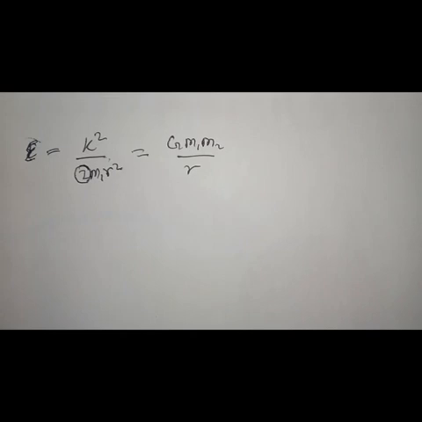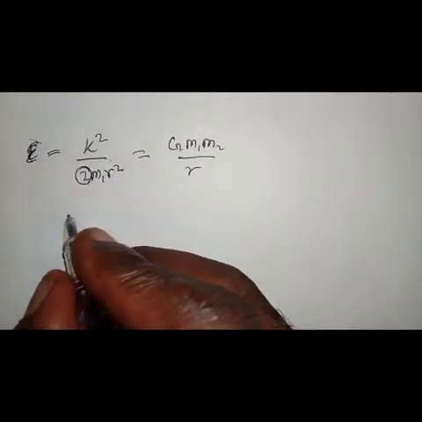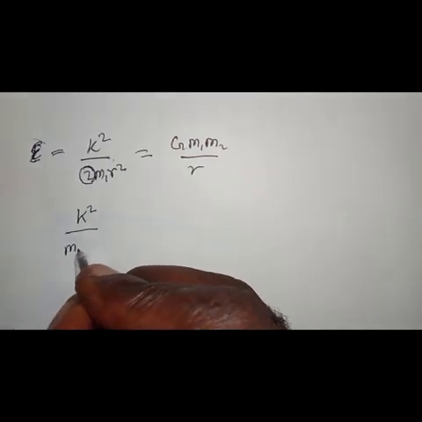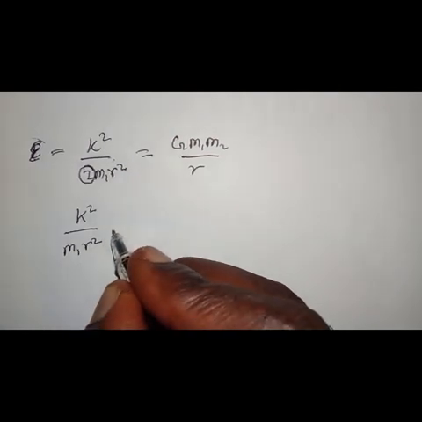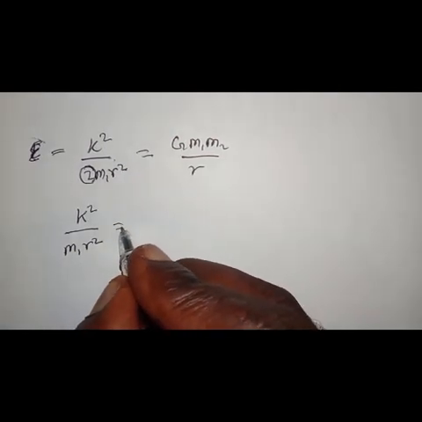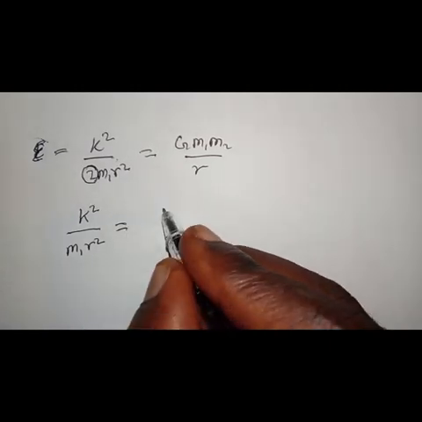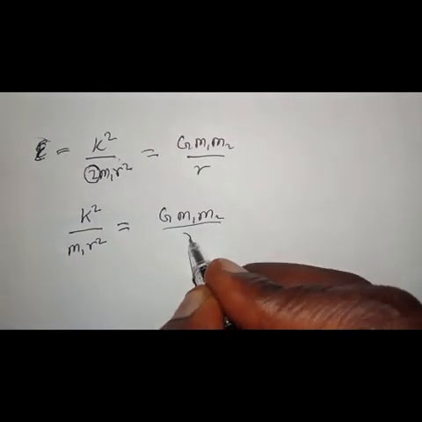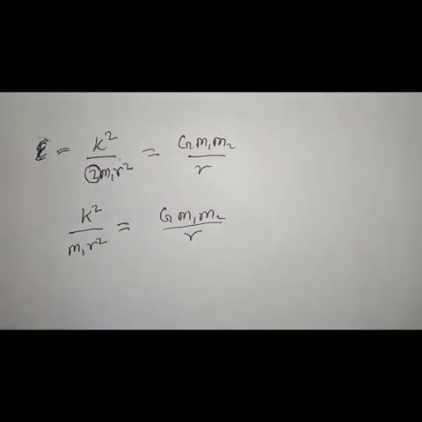So let us take it this way. I can bring out this k squared all over m1 r squared. Forget about the 2 constant, it has no significance in dimension, equal to G m1 m2 over r. So we need to know what every quantity represents.